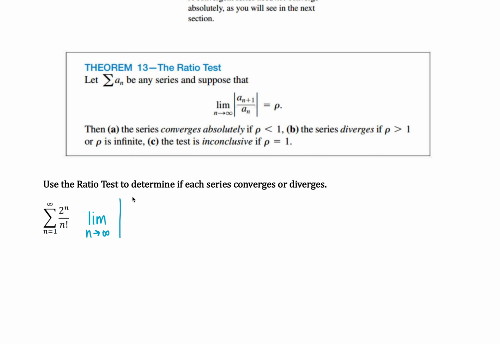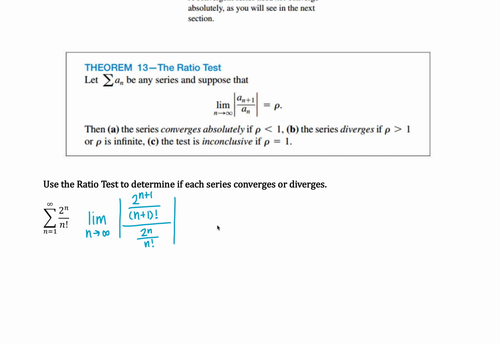So that's going to be 2 to the n plus 1 power over n plus 1 factorial, over the nth term, which is 2 to the nth over n factorial.